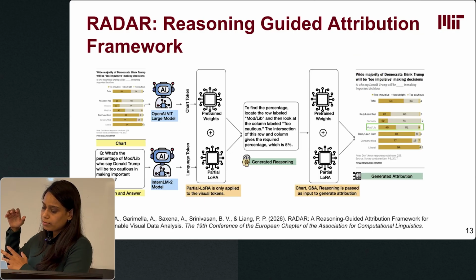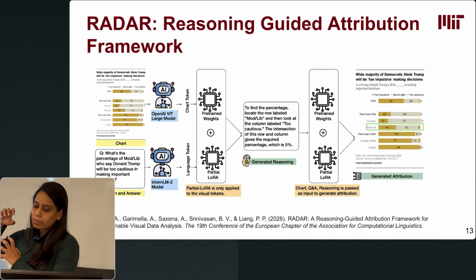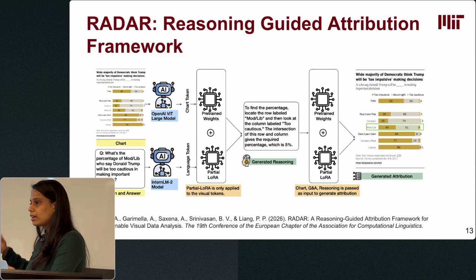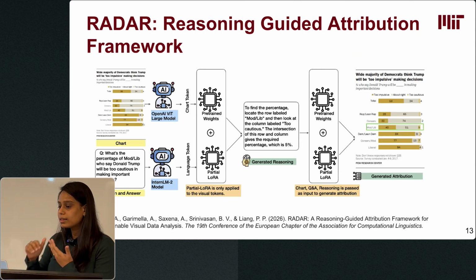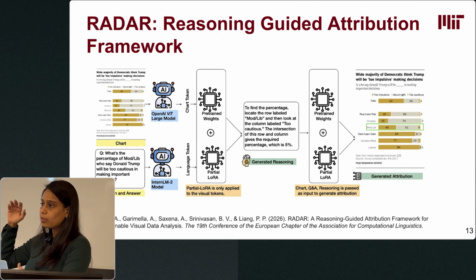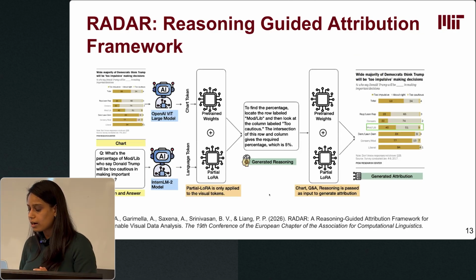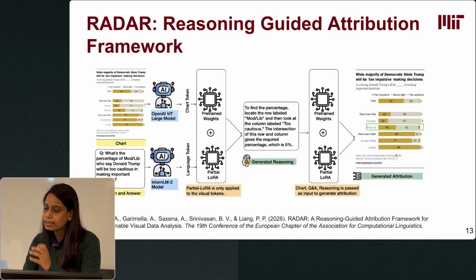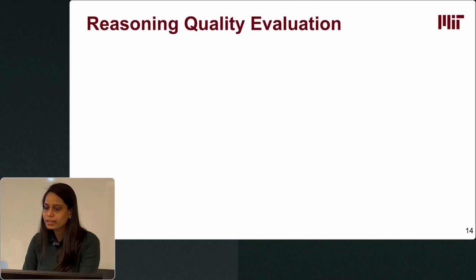Combining both of them, we run a partial LoRA, which means we only pass the vision tokens so that the training time is reduced, and we generate reasoning out of it. We repeated the process, and then combining reasoning, question answer, and the chart, we generated attribution. This paper is accepted at EACL, and that's how we got the generated attribution out of it.